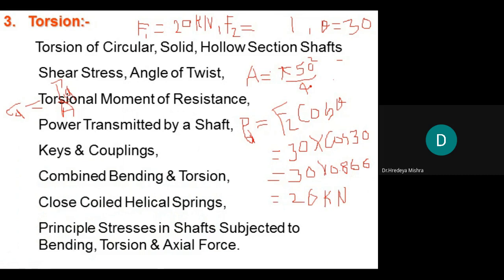So 50 into 50 divided by 4 into pi. It is 1963.5 mm square.